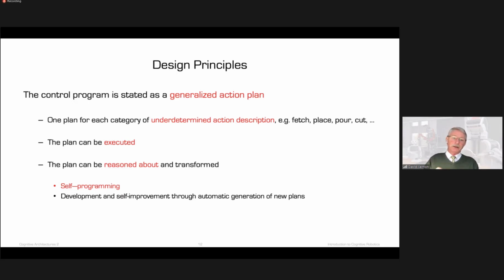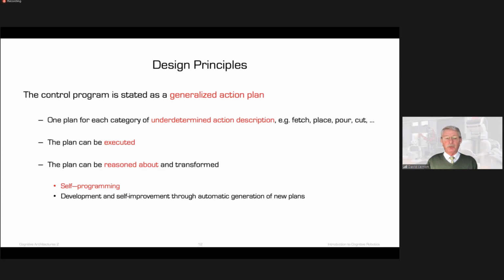So then the plan can be executed, and the plan can also be reasoned about. This is very important in CRAM, as we'll see later on when I talk about metacognition. So in robotics, we execute plans in order to act in the world and accomplish tasks.